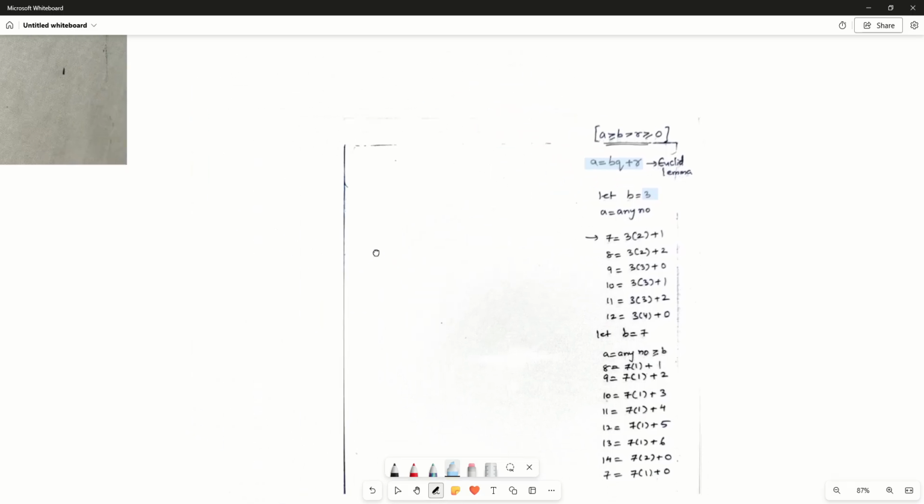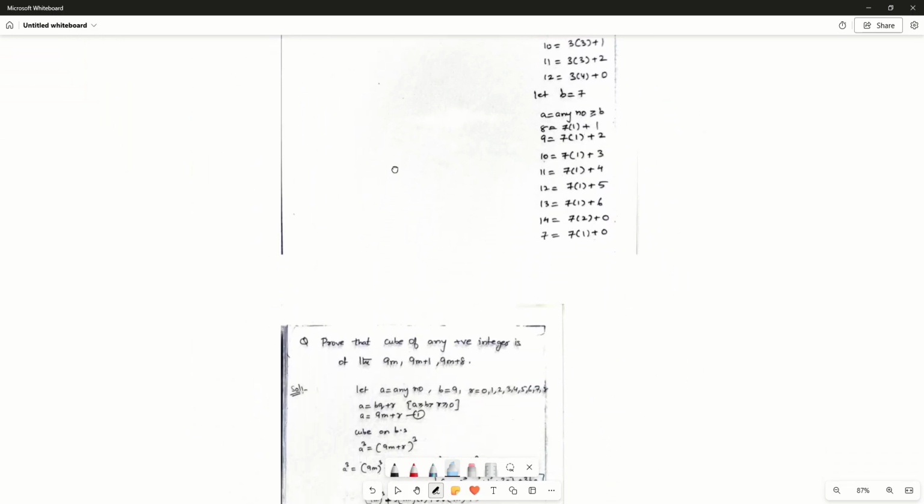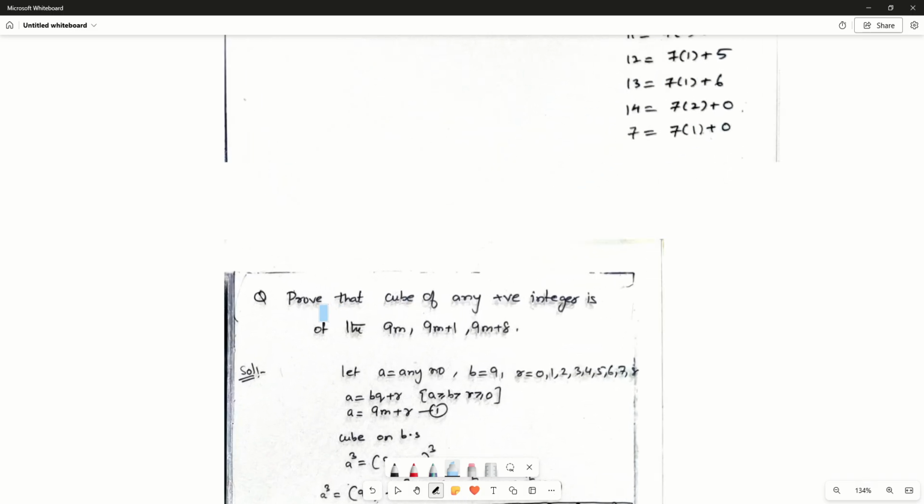So now if you follow this question right over here: prove that the cube of any positive integer is of the form 9m, 9m plus 1 and 9m plus 8. Here we are considering any positive integer.